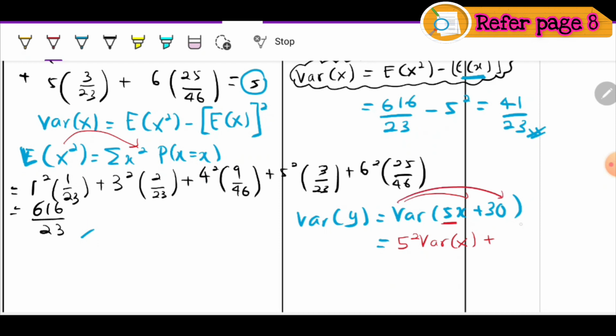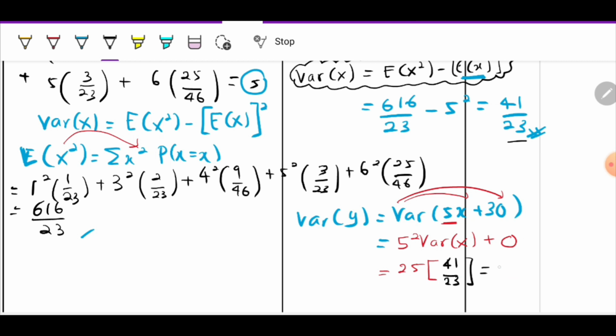And then variance of 30, or variance of a constant, is equal to 0. So 5 square is 25, then times the variance. The variance that we got just now is 41 over 23. And variance of y, the answer is 1025 over 23.